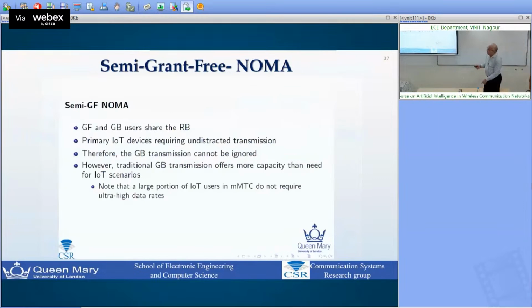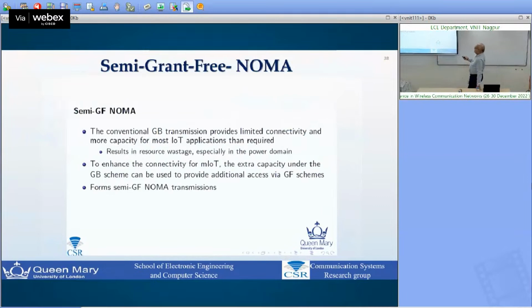If you take the scenario, one resource block is shared by both grant-based and grant-free users. The grant-based transmission offers more capacity than needed. That means the grant-based transmission devices have more capacity than the required one.